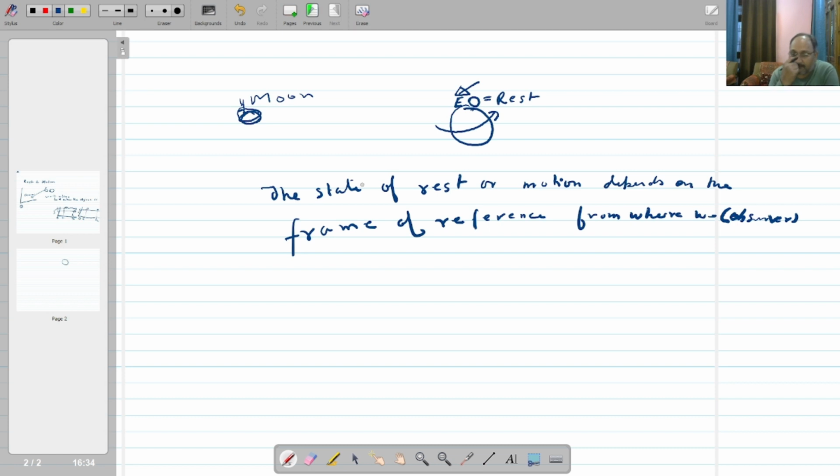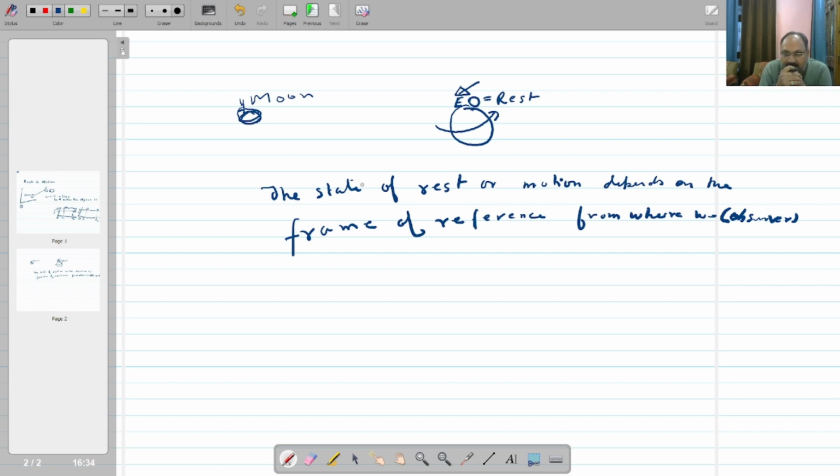Right. So the basic concept is that the state of rest or motion is not absolute. It primarily depends upon the object and the observer's positioning, right?